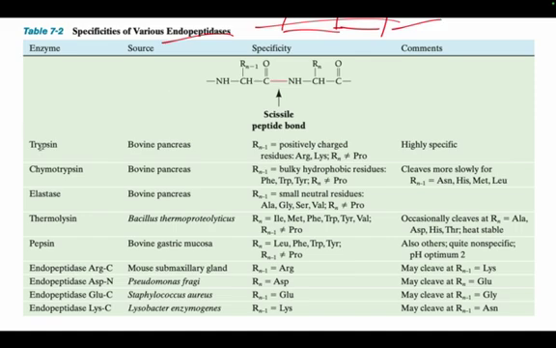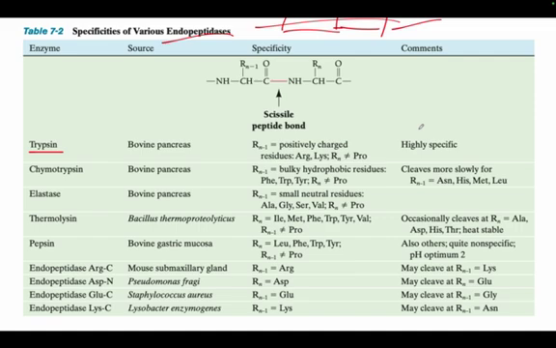Now, we would rather use specific endopeptidases because then we will know where they will cut in the polypeptide sequence. For example, trypsin is an enzyme that is highly specific because it will cleave the peptide bond specifically after a positively charged residue.